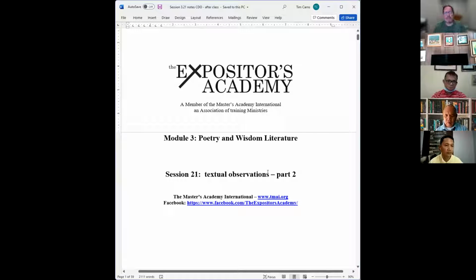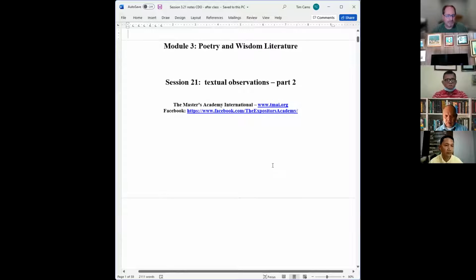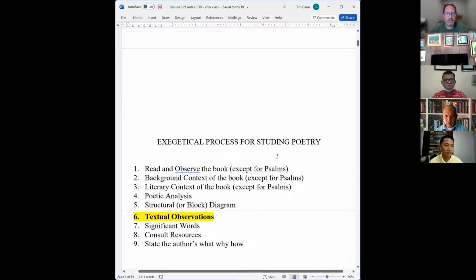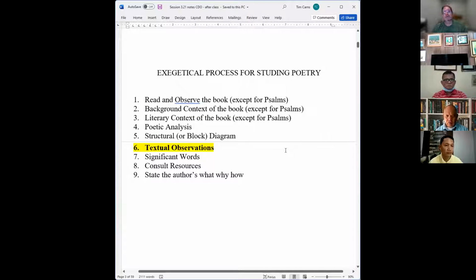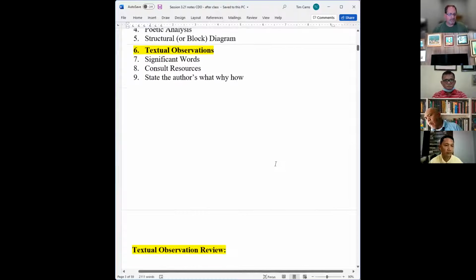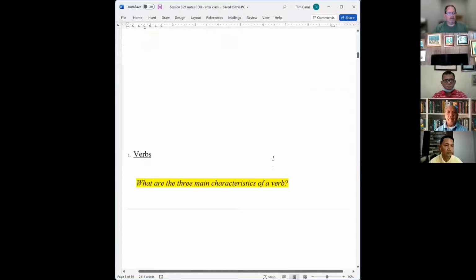And so it's reviewing some of the important aspects of English verbs, because as we've discussed in the past, those are critical for understanding. They drive the meaning of the paragraph or the stanza. And so it's important to understand as we're doing textual observations, the key is to look at those verbs.